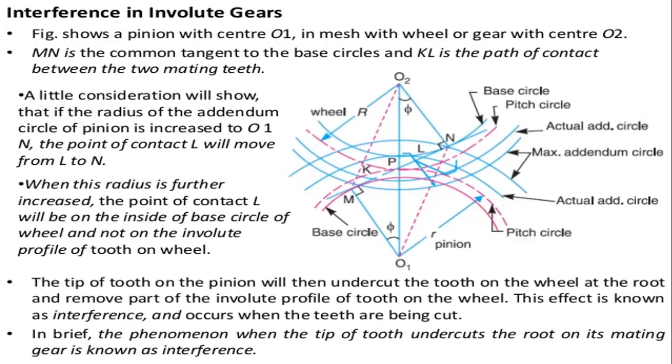Next, the tip of the tooth on the pinion will then undercut the tooth on the wheel at the root and remove part of the involute profile of the tooth on the wheel.